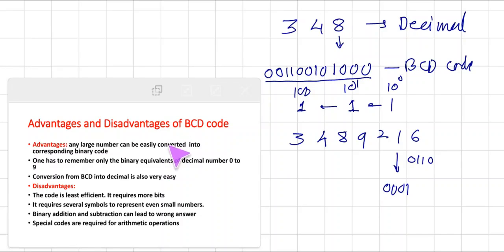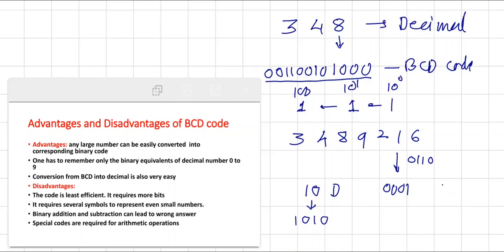Now let us talk about the disadvantages. The code is least efficient, it requires more bits. Remember that if I take a certain number, for example 10, for converting this decimal number 10 into the corresponding binary number, that is 1010, it requires 4 bits.